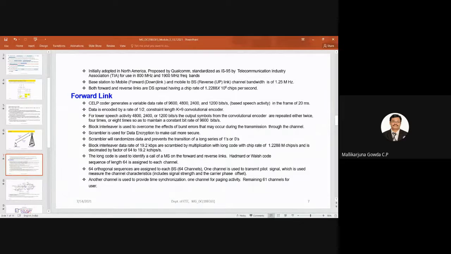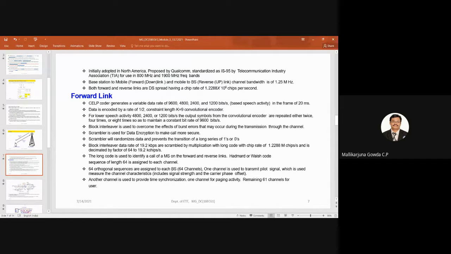As I said already, this has been standardized as IS-95 by the Telecommunication Industry Association for use in the 800 megahertz and 1900 megahertz frequency bands. So you should be very clear about which frequency bands this IS-95 operates in. One is 800 megahertz and the other is 1900 megahertz.